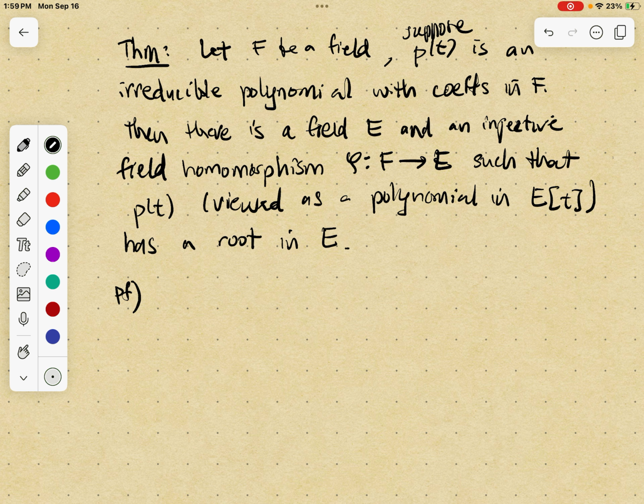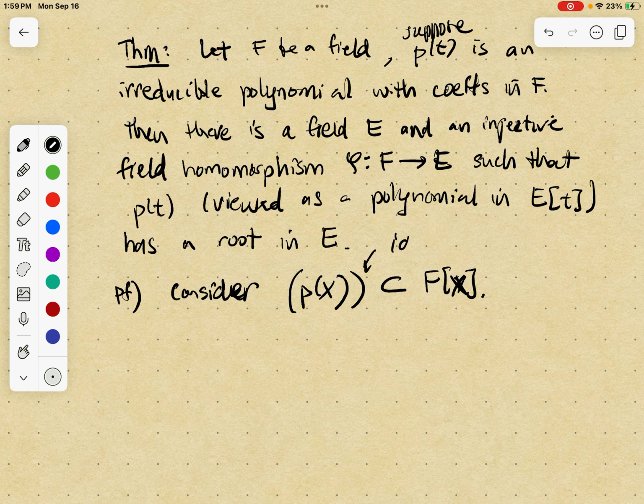So we have this construction. Consider P of X, where X is some indeterminate. Then we can consider the polynomial ideal generated by P of X in the polynomial ring F of X. This is in fact a maximal ideal inside this integral domain F of X. Right?